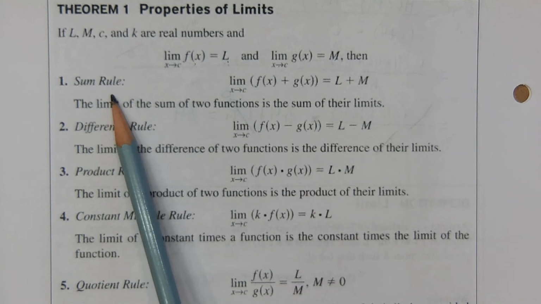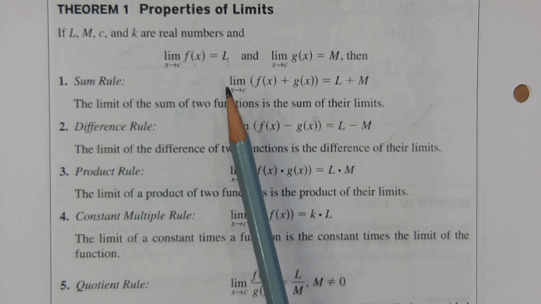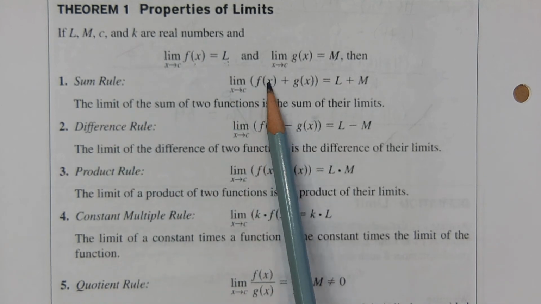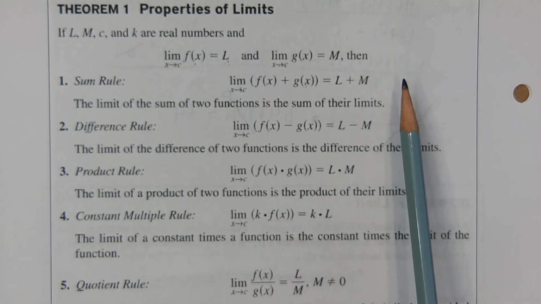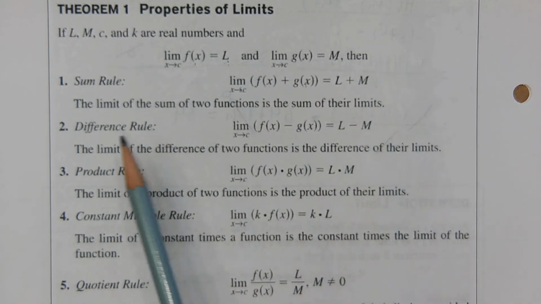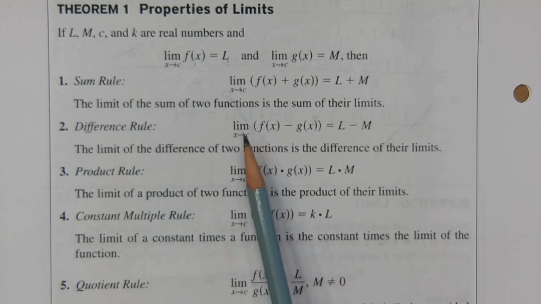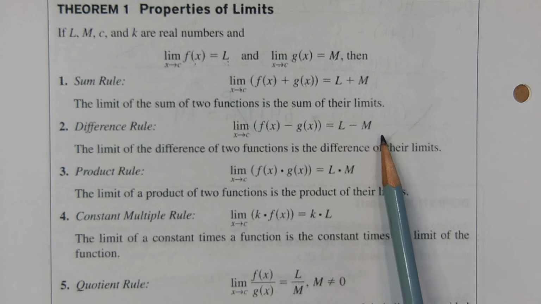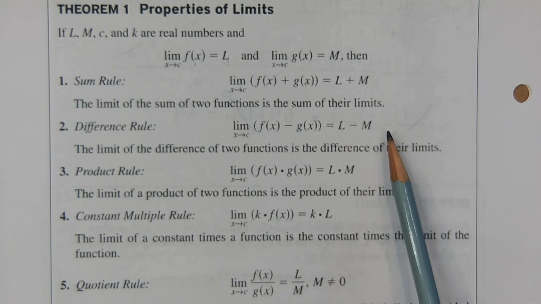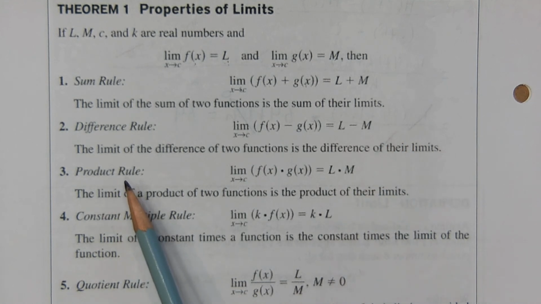The sum rule says if you're trying to find the limit of 2 functions being added, you can just add those limits. And because of that, the difference rule says, yeah, if you're trying to find the limit of function minus function, then it's just first limit minus second limit. It should be pretty easy. Product rule does exactly what you think it would do.